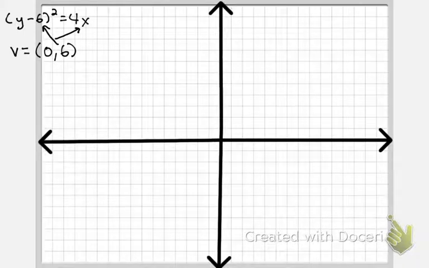Okay, so next I need to find out what p is. Remember, for that, I'm going to take 4, and that equals 4p. So divide by 4, I get p equals 1.